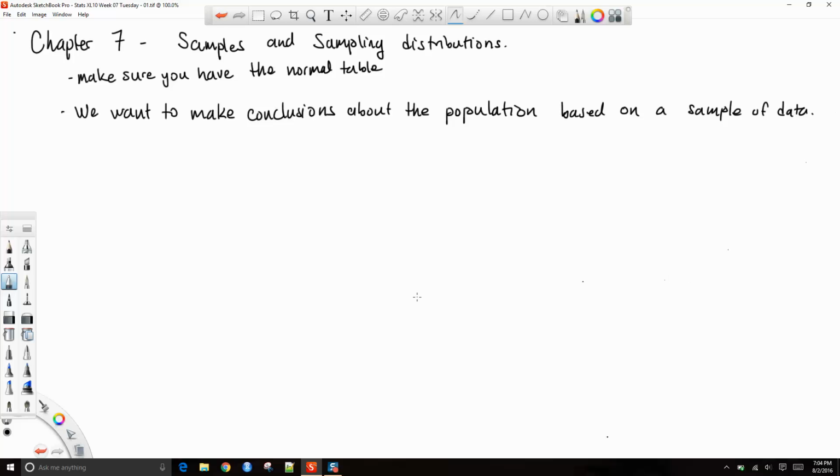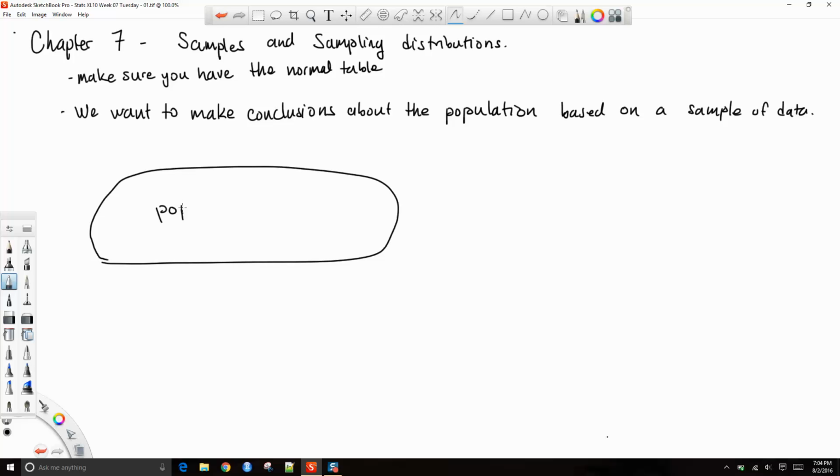Okay, and so the picture that I draw is that we've got this thing. We're going to call this the population. The population itself is too big to be observed directly. Okay. And so instead of trying to look at the entire population, we take a small chunk out of it.